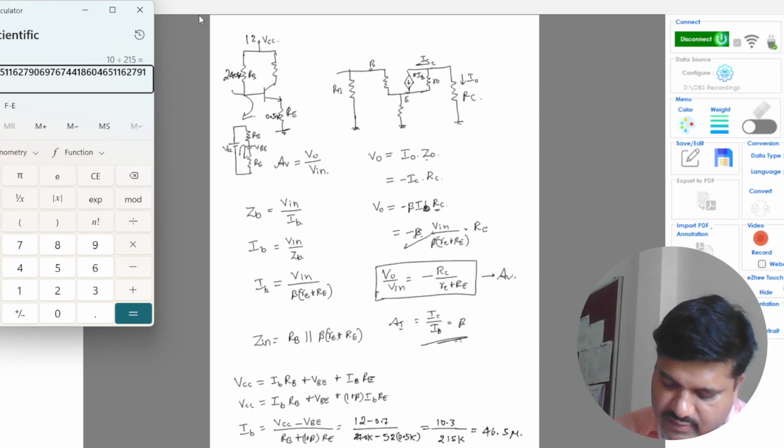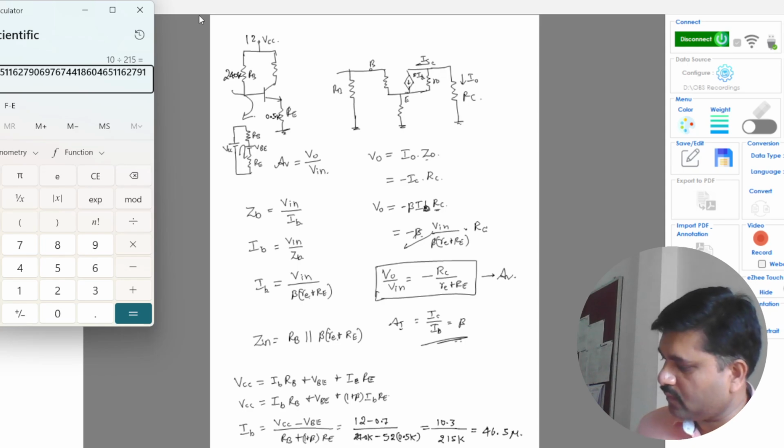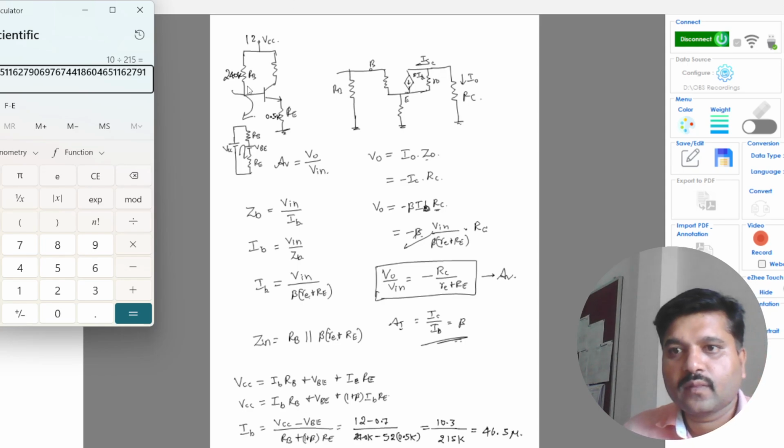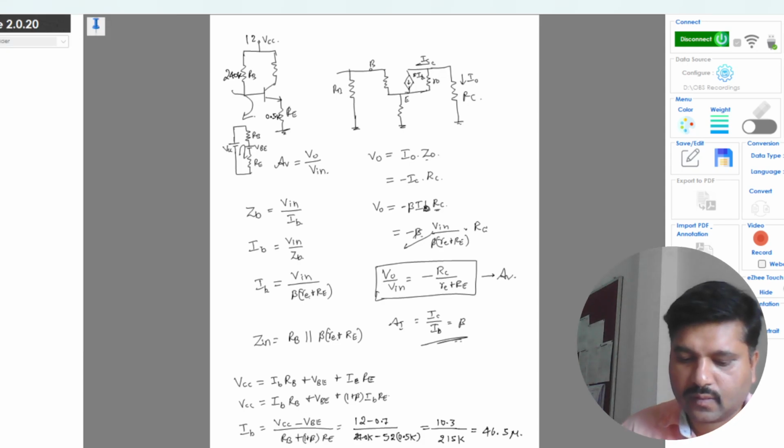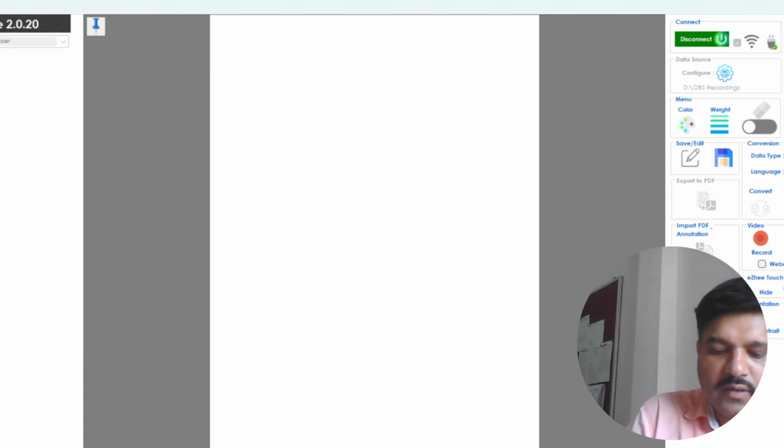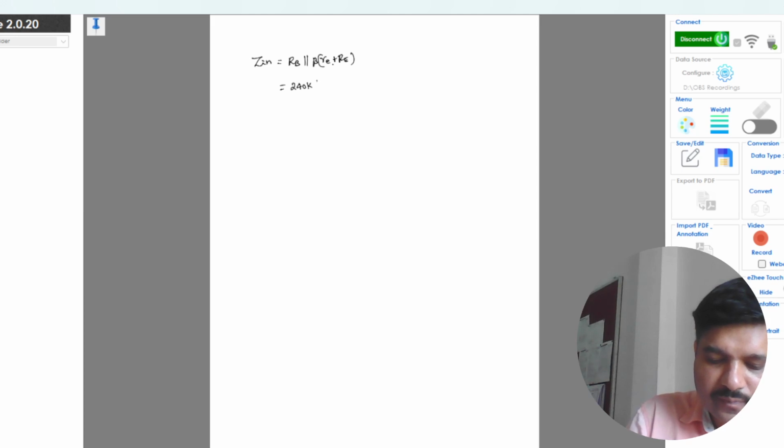Okay, so this Zin will be RB parallel with beta times of (re plus RE). RB is 240k parallel with 51 into (re is 10 plus RE is 0.5k or 500 ohms).